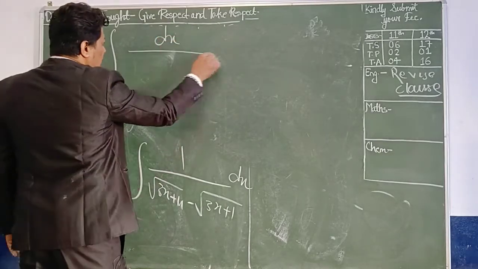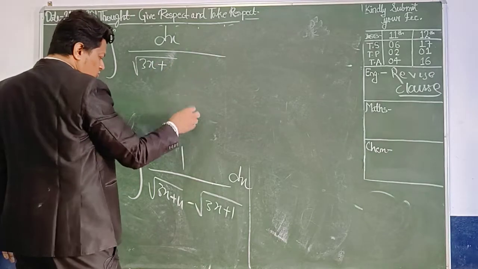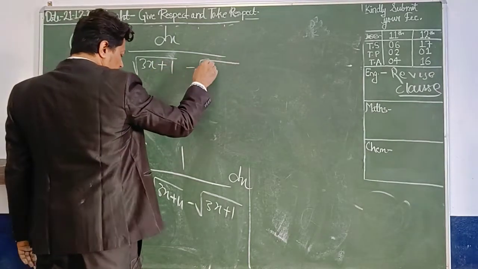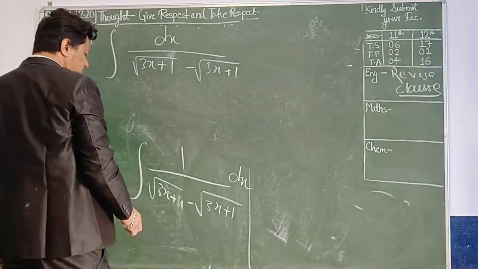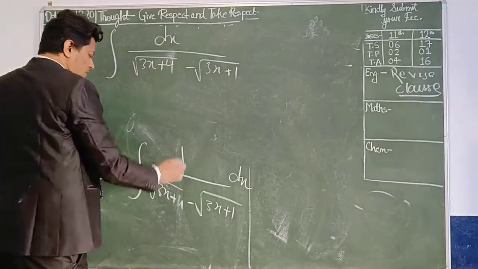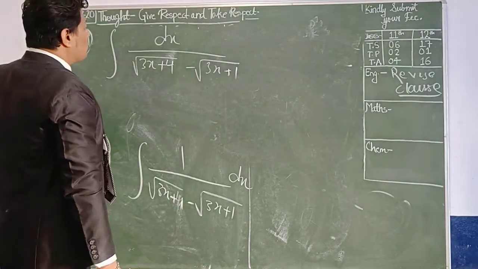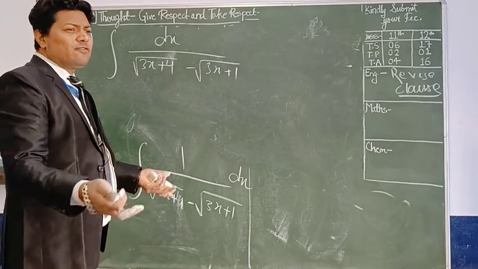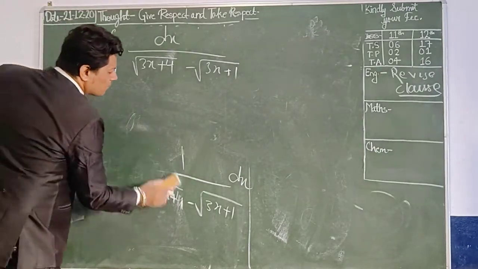We have dx upon root of 3x plus 4 minus root of 3x plus 1. Now what we have to do? It's not in any form. First of all, we need to make it in the form.